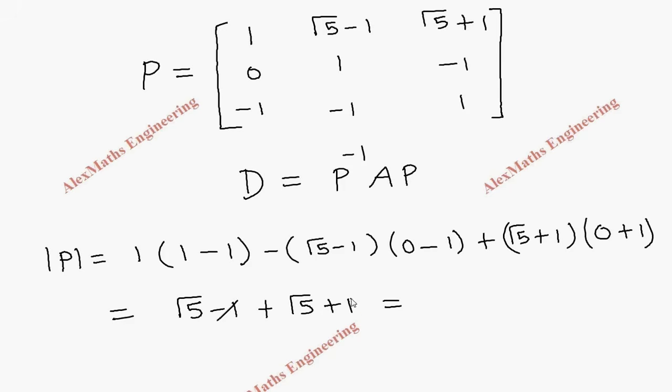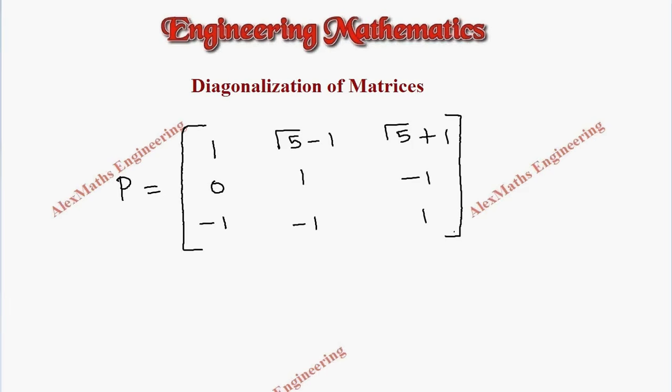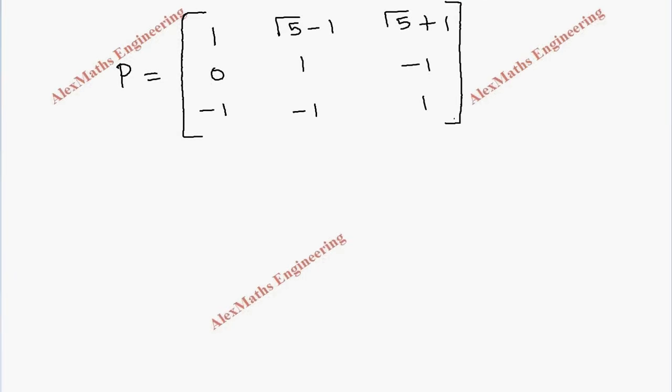Totally, after cancelling this, we get 2 root 5, which is not equal to 0. Therefore, P inverse exists. Now we are going to find the cofactors for each element. So let's write this as a cofactor matrix of P.